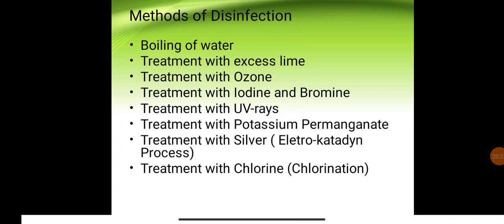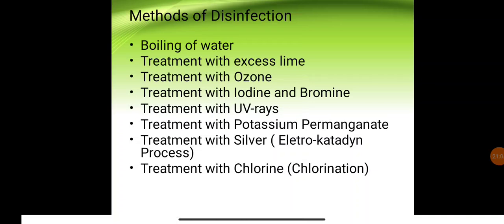Here, the reaction depends upon the pH of the water. If the pH of the water is 5.5 or lower, that means the water is in acidic condition, and there is 100% HOCl and no OCl minus, that is, 100% hypochlorous acid.